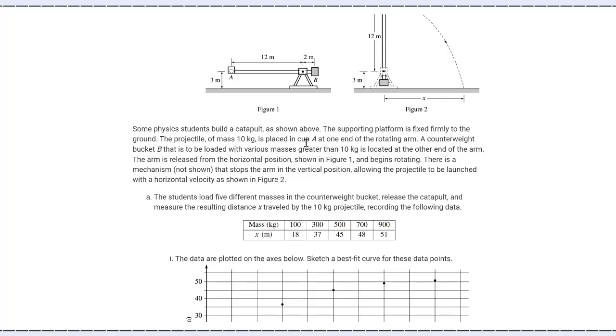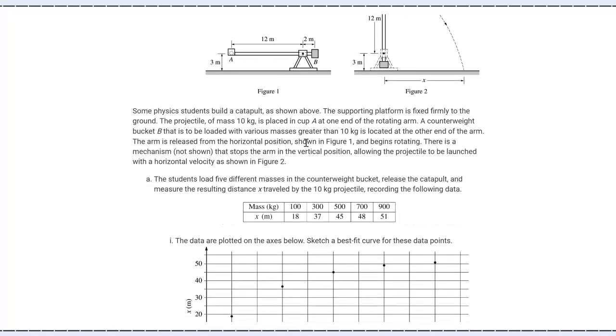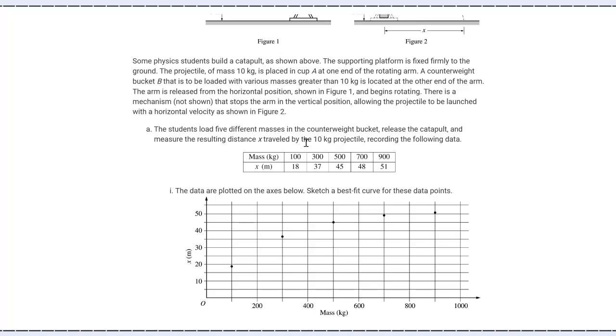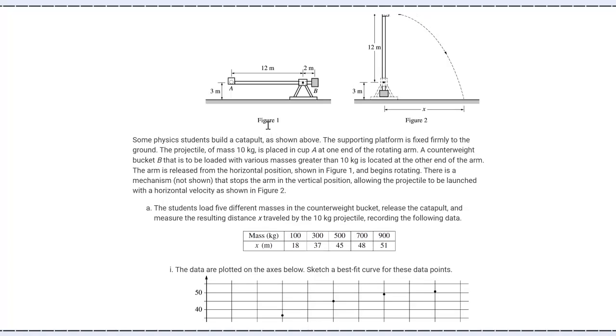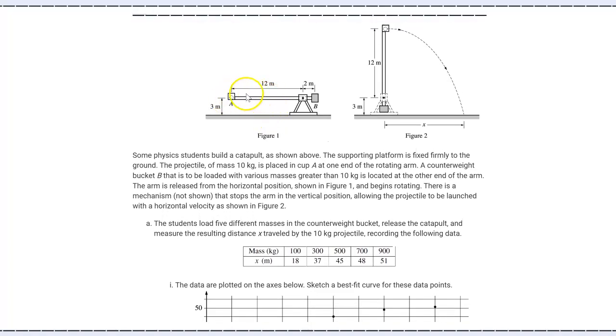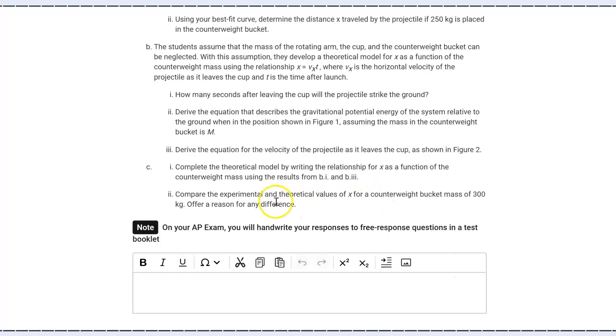So we could say that causes a reason for the discrepancy. We could also say there's some air resistance in the real world. We don't account for air resistance in this problem. And then there would also probably be some friction on this figure 1 that we don't account for. So all this stuff, in theory, it's much easier just to say it's negligible, but in the real world, it's really not.